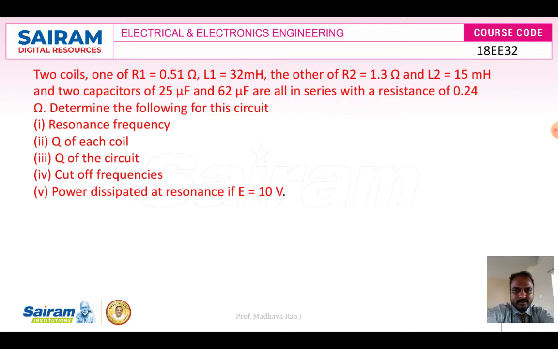Determine the following for this circuit: resonance frequency, Q of the coil, Q of the circuit, cutoff frequencies, and power dissipated at resonance if E is equal to 10 volts. These are the values we have to find out for this circuit.